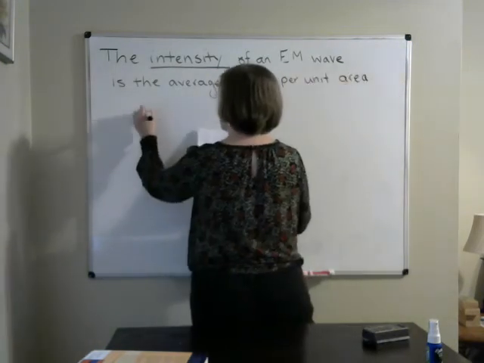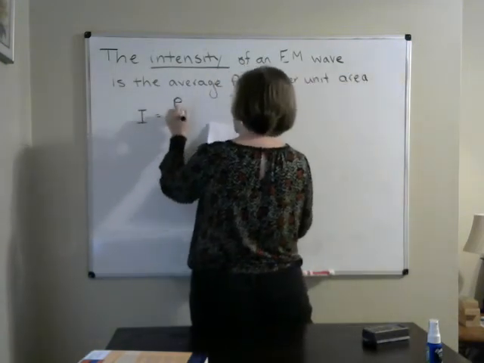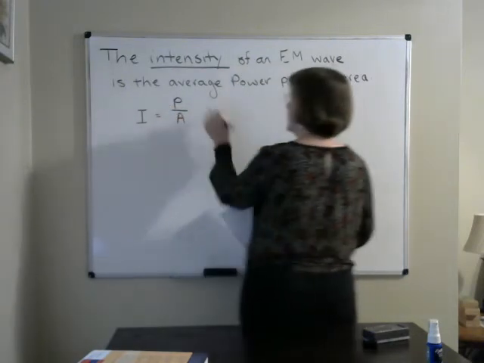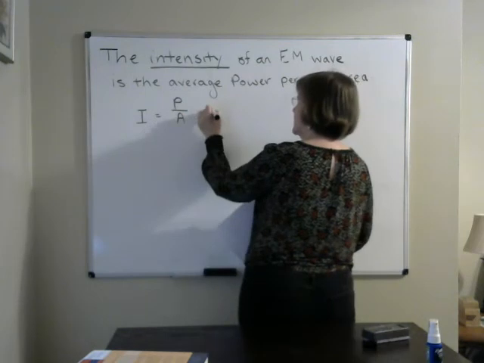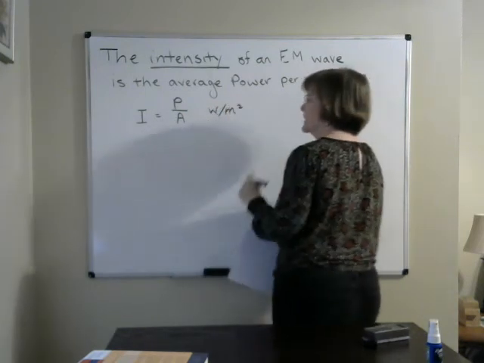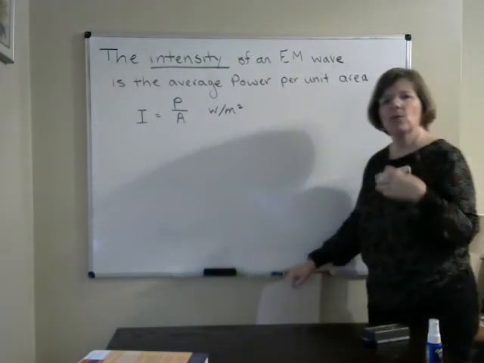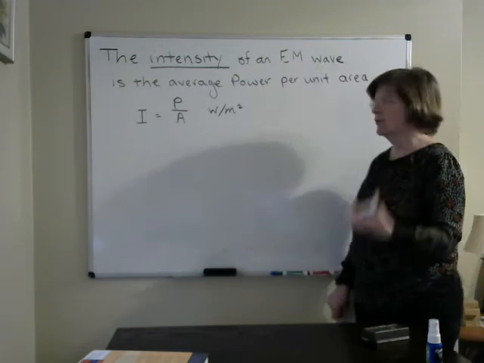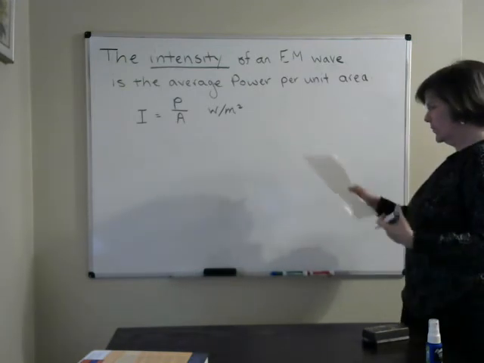So I is simply equal to the power divided by the area. It's going to have units. Power, of course, is watts. That's going to be watts per meter squared. Remember, power is the amount of energy per second. So it's energy per second over a square meter.